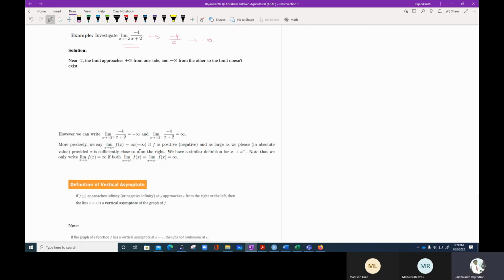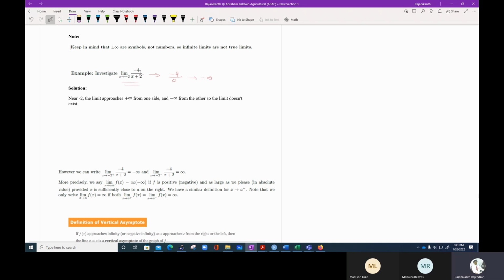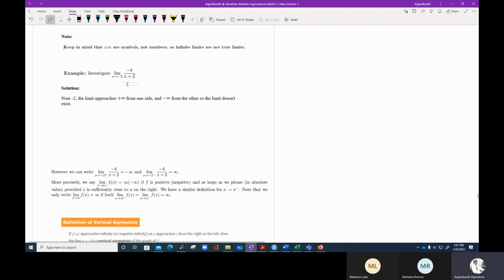Everything is explained here. If you look at the graph of this function, and at the left and right limits, near -2 the limit approaches positive infinity from one side and negative infinity from the other side.